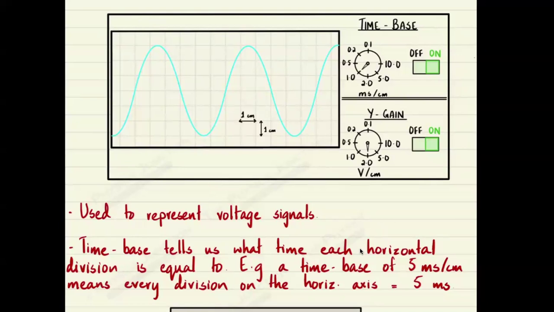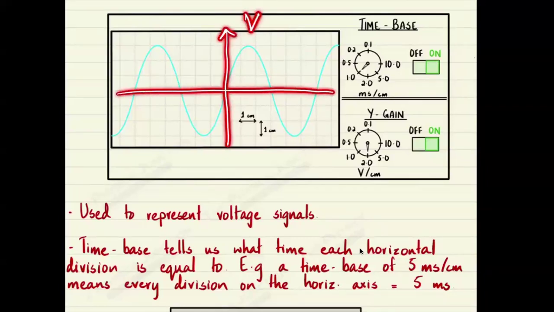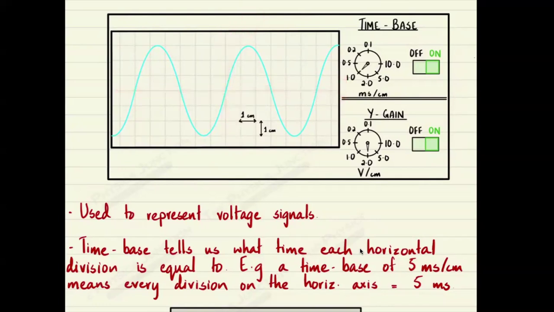So you can imagine that when we are talking about this oscilloscope, this is basically just a graph of voltage on the y-axis and time on the x-axis. So basically here we'll be able to analyze this voltage signal.